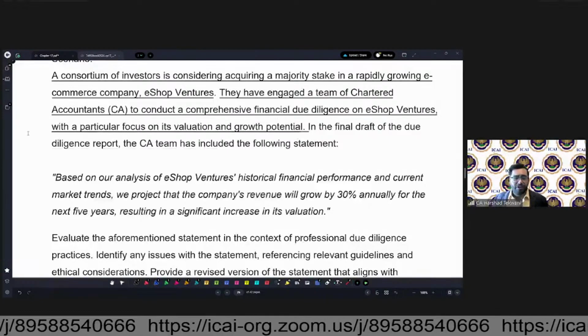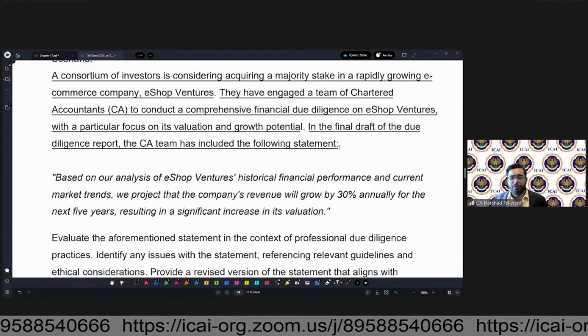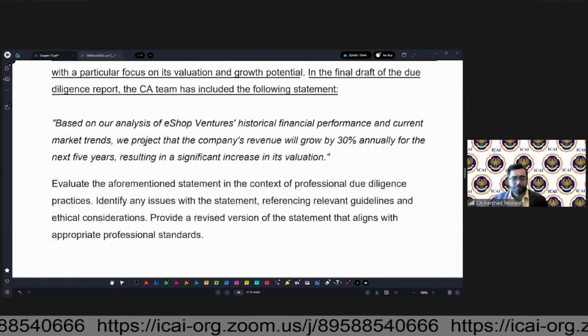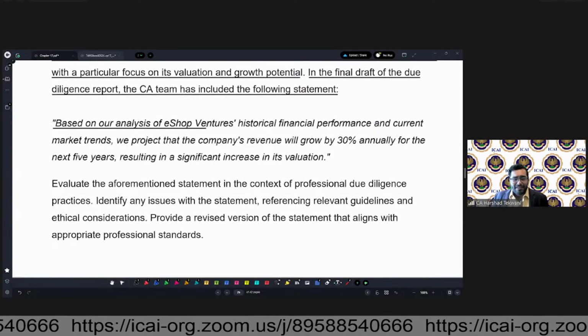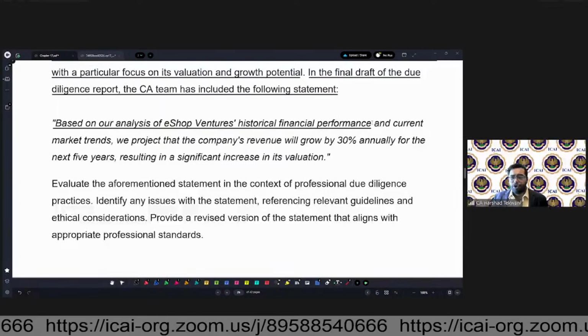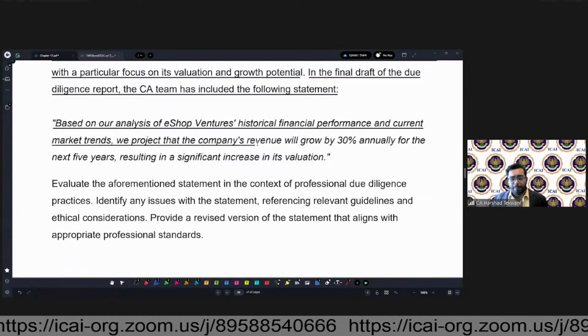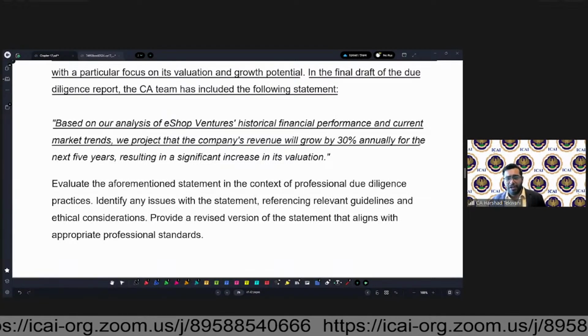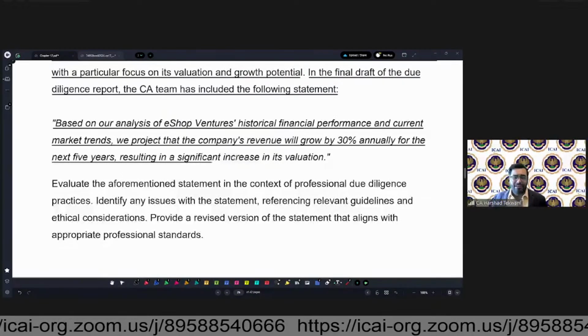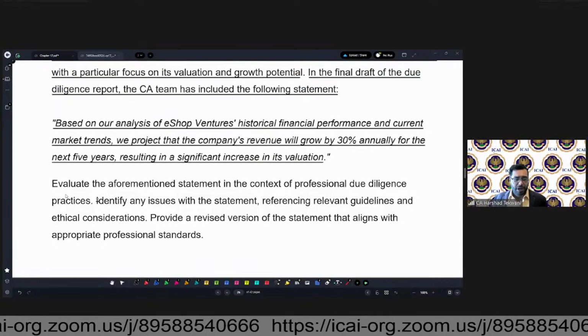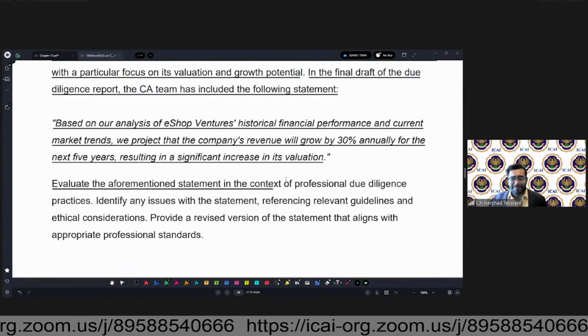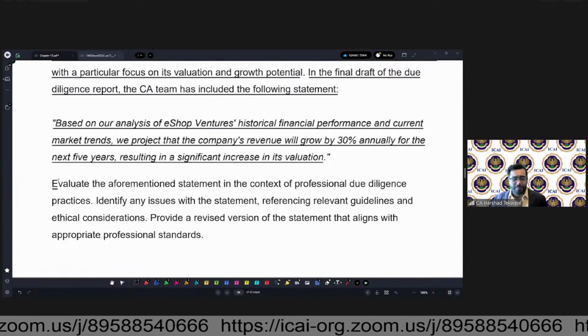In the final draft of the due diligence report, the CA team included the following statement. Based on our analysis of eShop Ventures' historical financial performance and the current market trend, we project that the company's revenue will grow by 30% annually for the next 5 years, resulting in a significant increase in its valuation. Evaluate the aforementioned statement in the context of professional due diligence practices.